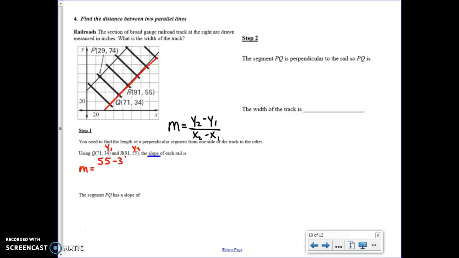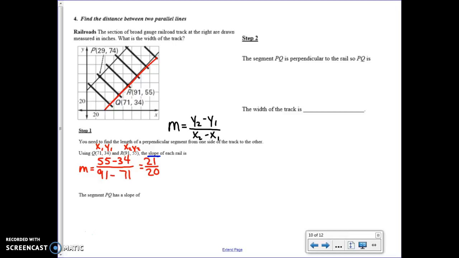So 55 minus 34 over x2 is 91, and x1 is 71. So 55 minus 34 gives me 21 over 91 minus 71 gives me 20. You can put that in your calculator real quick, see if you can reduce that. And it does not, so we just leave it as 21 over 20.